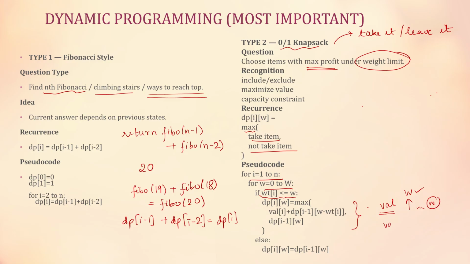Suppose we added a weight and we are getting more far away from our required answer, so that will not be optimal. So that's why we are using a maximum function here. And otherwise, you let it remain as it is.